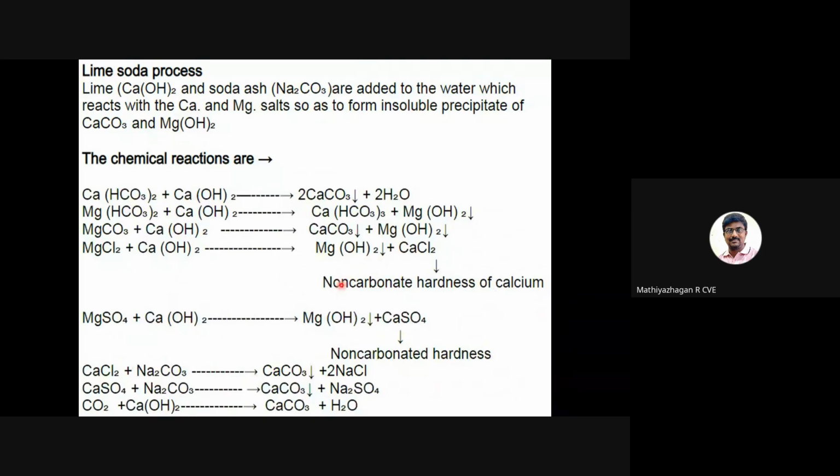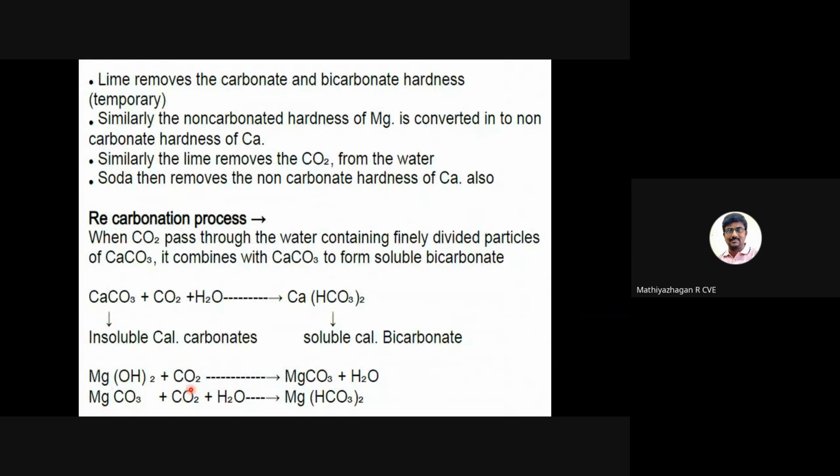Then this calcium hardness is converted into calcium carbonate by adding the soda. After this hardness removal process, calcium carbonate precipitates are developed, and these settle down during the filtration process.